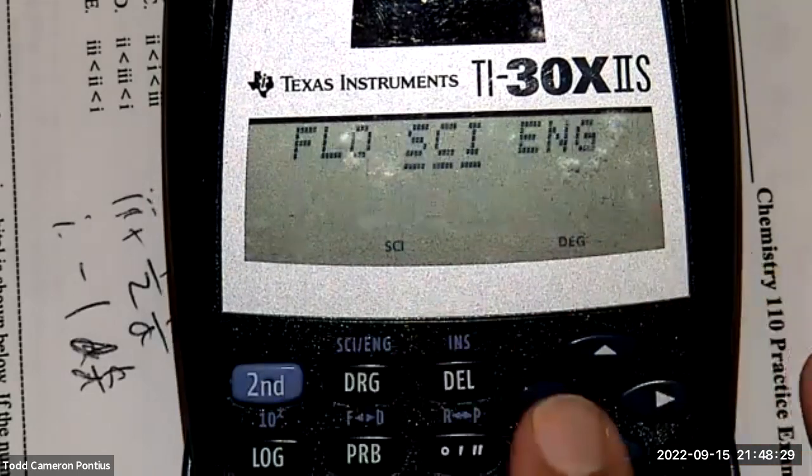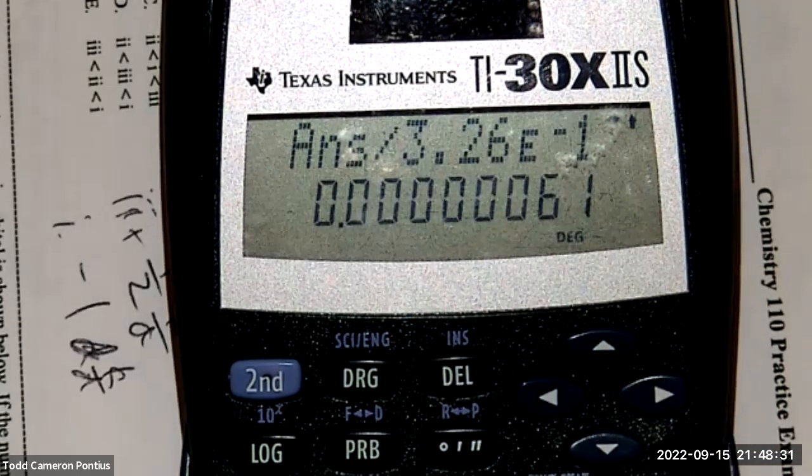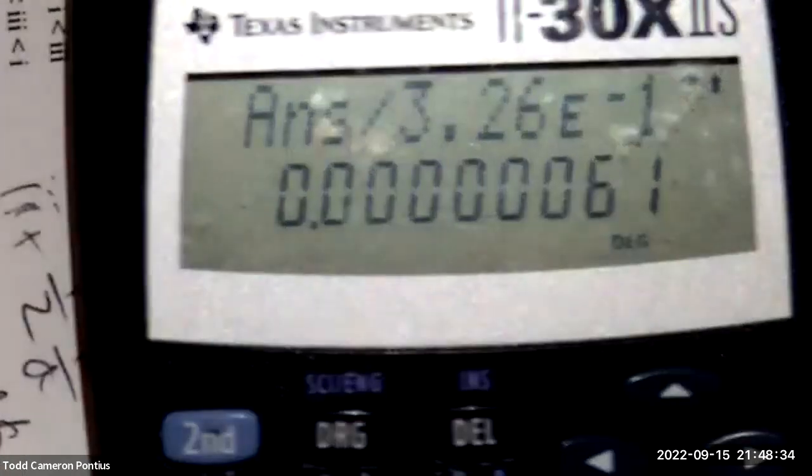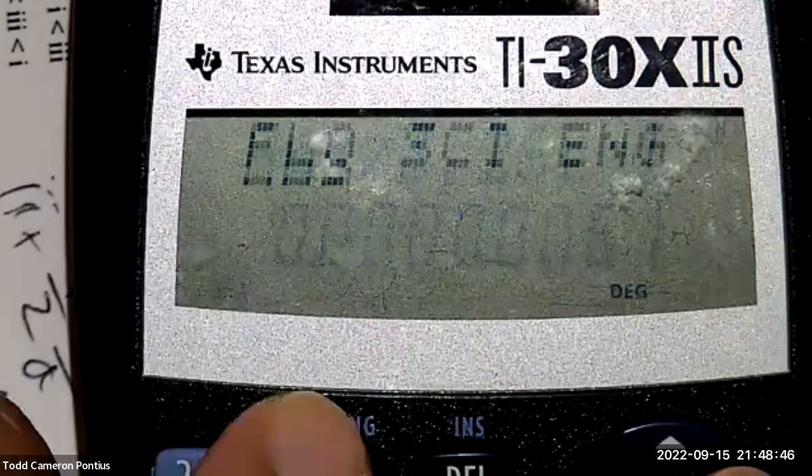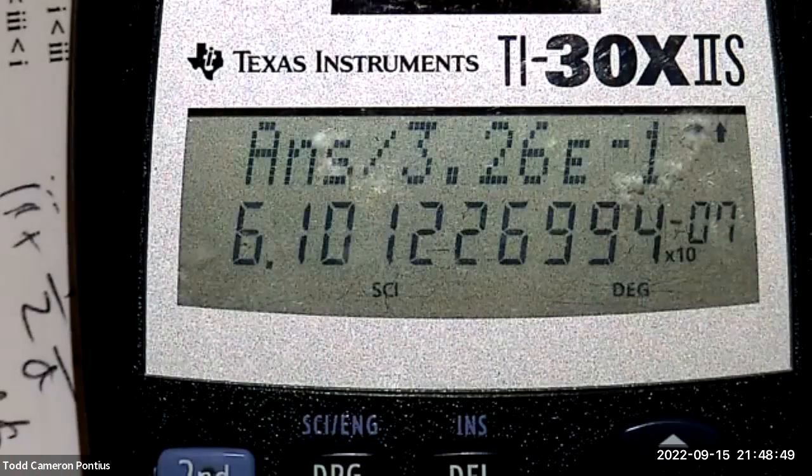If you use floating point notation on your calculator, you might get an answer that looks like this, 0.00000061, okay? In order to change a number like this that gets cut off, if you go to SCI, it'll turn it into scientific notation. And the other reason why I want to point that out is if you ever have anything on the order of 10 to the negative 9th, it will cut off everything except for the last digit. And this way you can see to be more precise. Okay, it's just something common that comes up, so I wanted to address that.